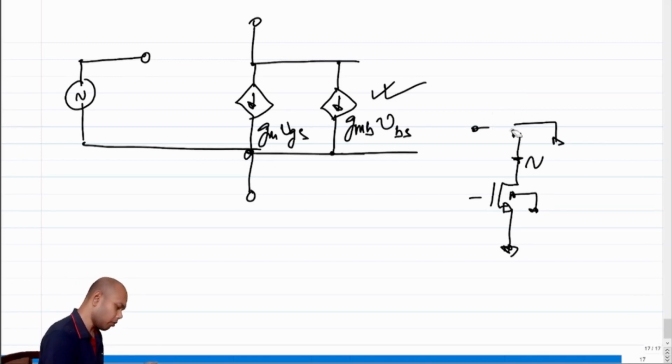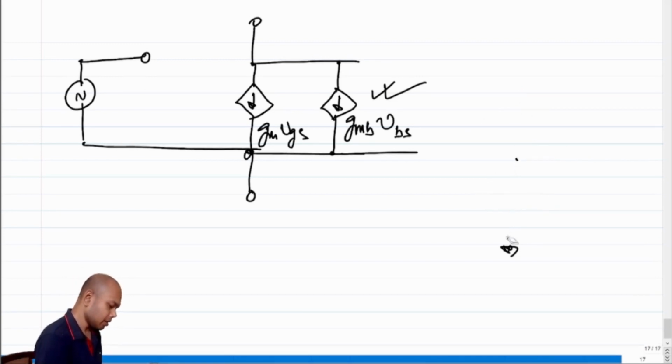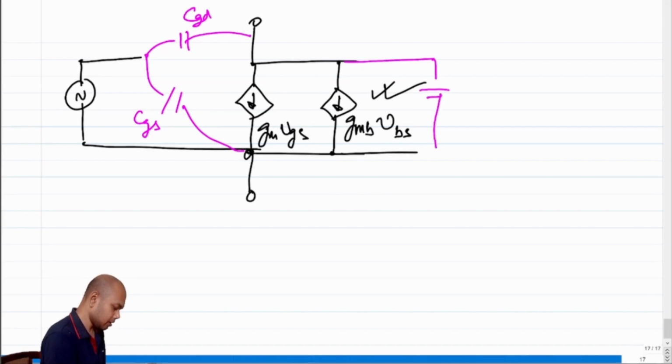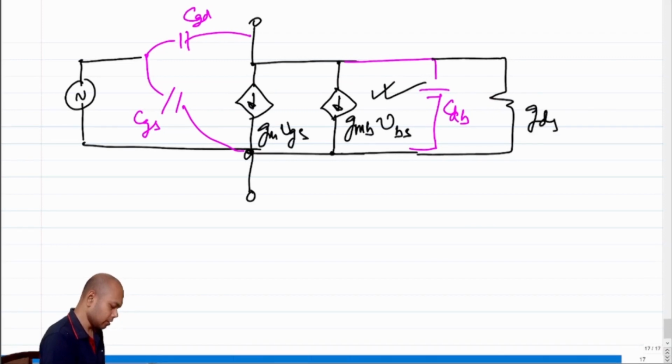So if we include body effect, what is the final structure of the MOSFET that we ended up with? The final structure of the MOSFET now becomes: we have a capacitance CGS, we have a capacitance CGD, we have a capacitance CDB, then we have a gds, right?